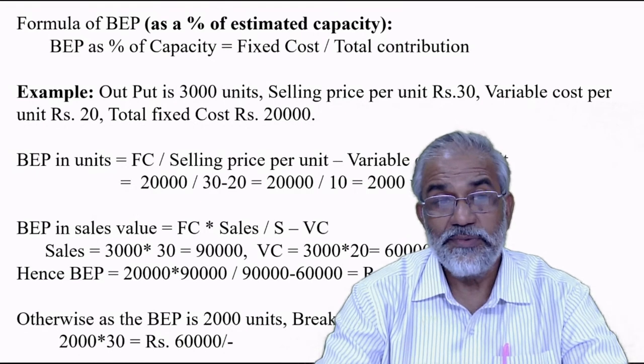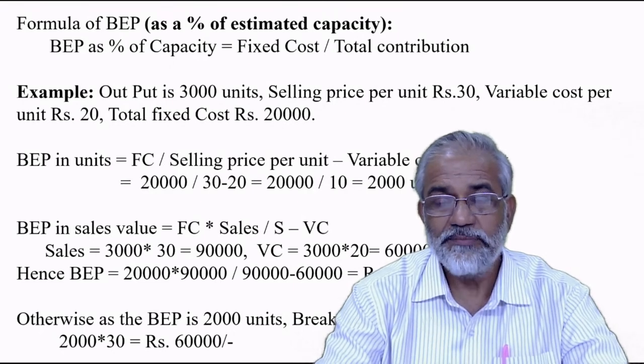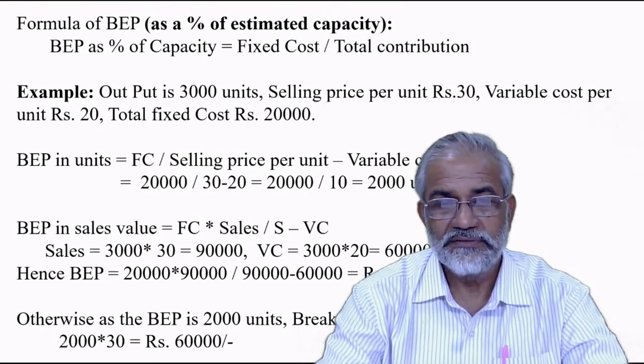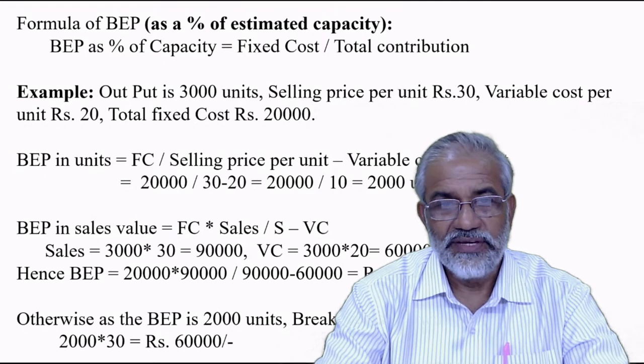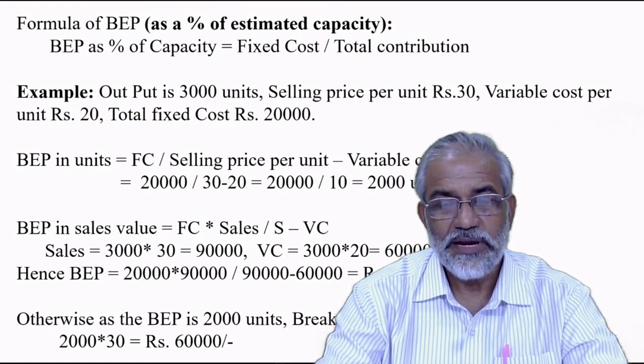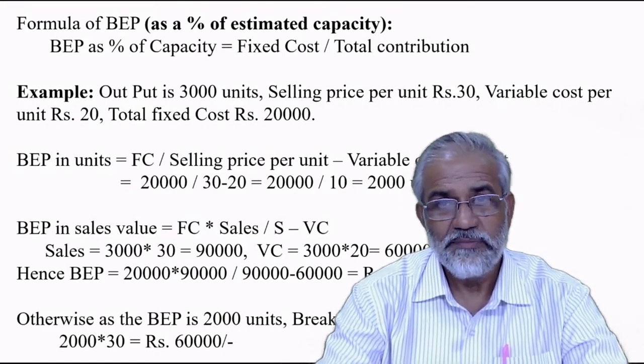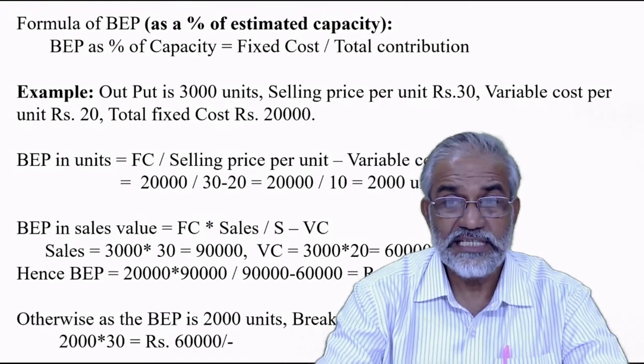In this juncture, the BP in units, that means by selling how many units we would be at BP, no profit, no loss. Here, the fixed cost is divided by the contribution per unit, which is the difference between selling price per unit and variable cost per unit.